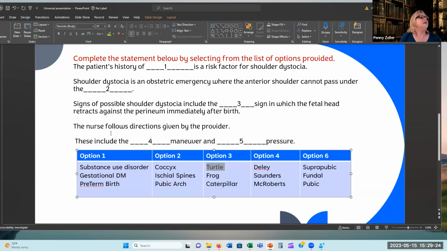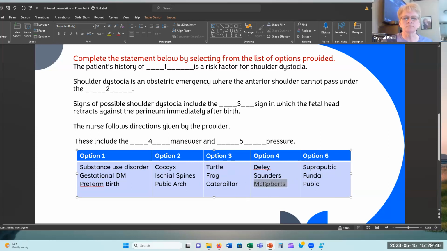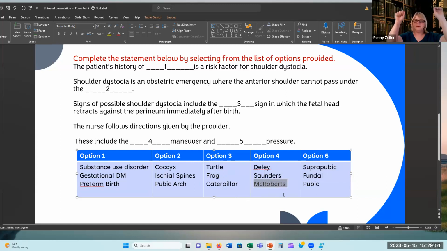The next one, the nurse follows directions given by the provider. These include what? Which maneuver are we going to do here? McRoberts. Yeah, the McRoberts maneuver, which is the knees flexing. And then what kind of pressure do we apply?